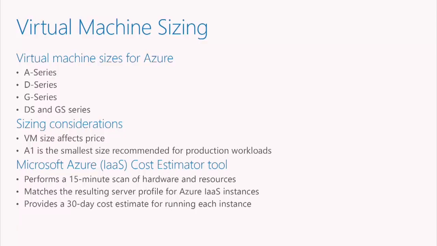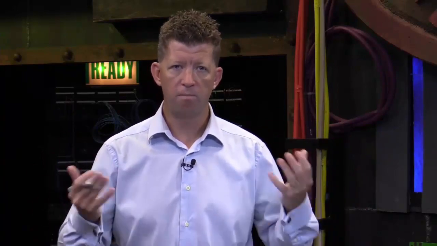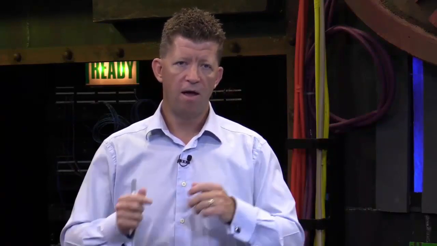And for that, Microsoft provides something called the Azure Cost Estimator tool. It scans your hardware, and for example, if you have a System Center Virtual Machine Manager implementation, you can point this at your Virtual Machine Manager, and it will look at the work that's happening, and then based on what it sees with I/O, with CPU, with memory utilization, it's going to recommend the best corresponding Azure Virtual Machine configuration and give you a 30-day estimate of what that's going to cost.